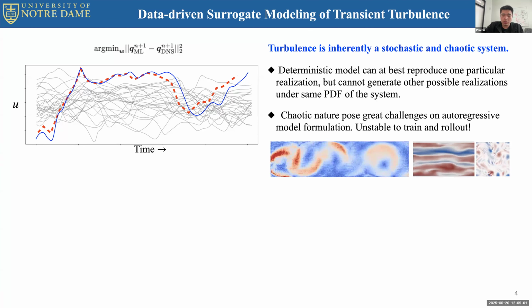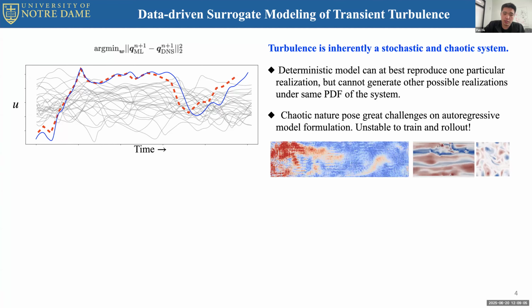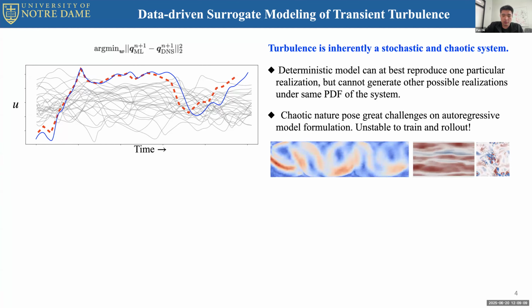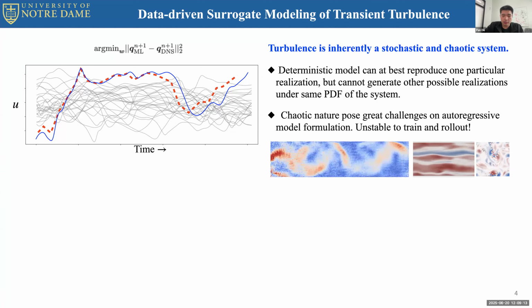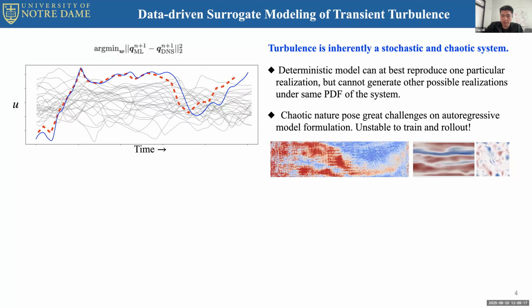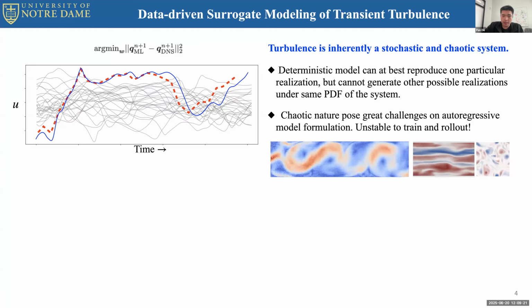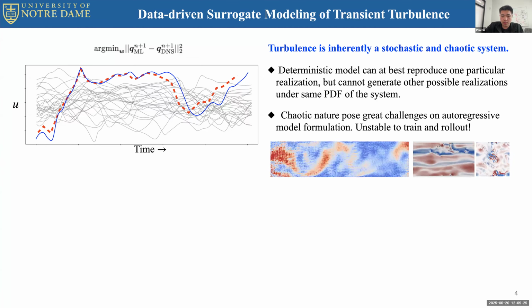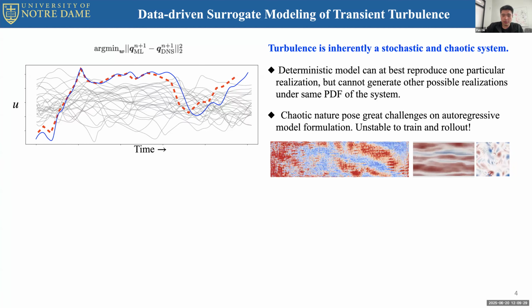Because of that, most of the supervised surrogate models in previous work encounter unconvergence or simply explode when they do inference. Here are some examples where you can see that the prediction goes pretty well for the first few seconds, and then it starts to either deviate from the ground truth or just explode in certain parts of the flow fields.